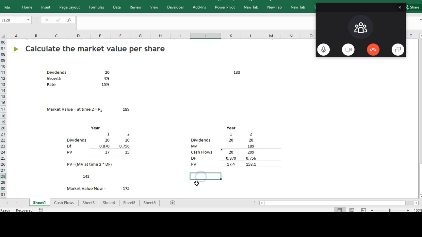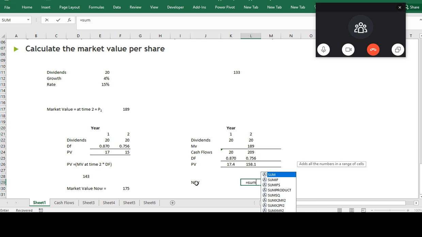Your NPV, the net present value of this particular share, will be the sum of these numbers, which is 175. So this 175 now becomes your market value.